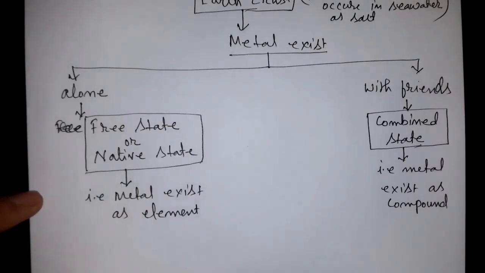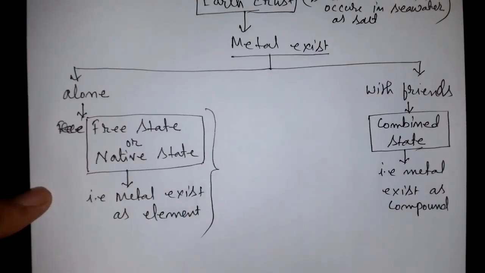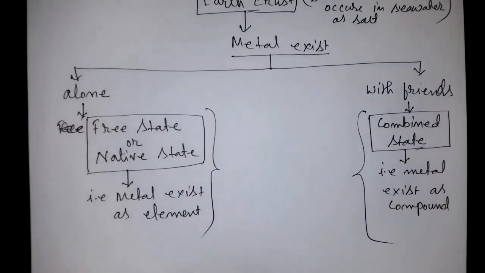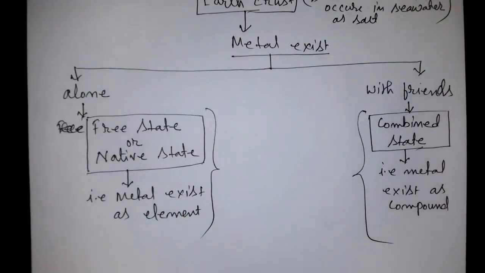Now the question is, what type of metal can exist in this style and what type of metal can exist in the other style? Metals we can broadly classify into two categories, reactive metal and less reactive metal. There is a middle also, called medium reactivity, but right now we'll not be talking about that. So when will the metal be alone and when will it be with friends?